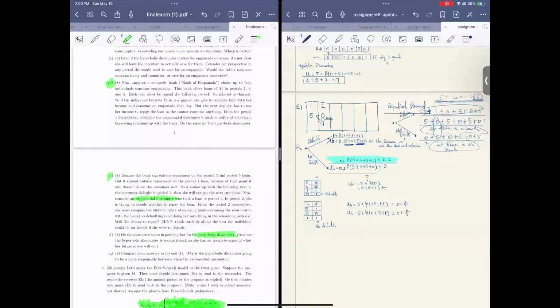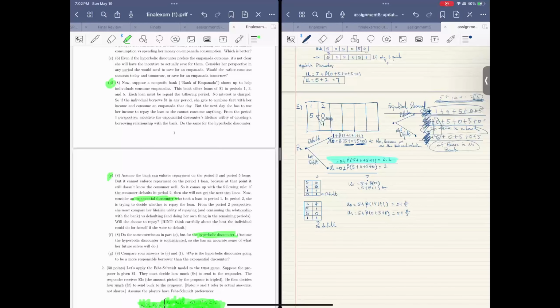Okay. Any question on E? D or E? Yeah, E. Yeah, I'm looking at the solution now.